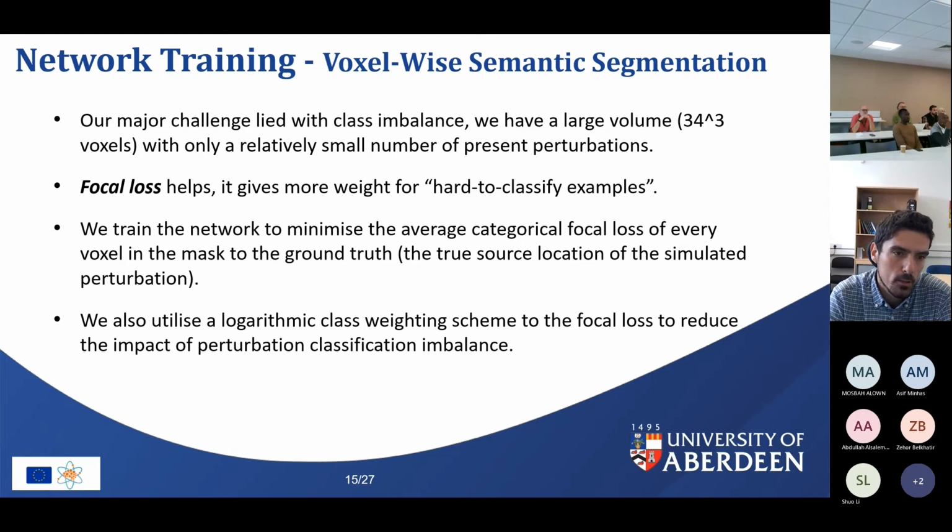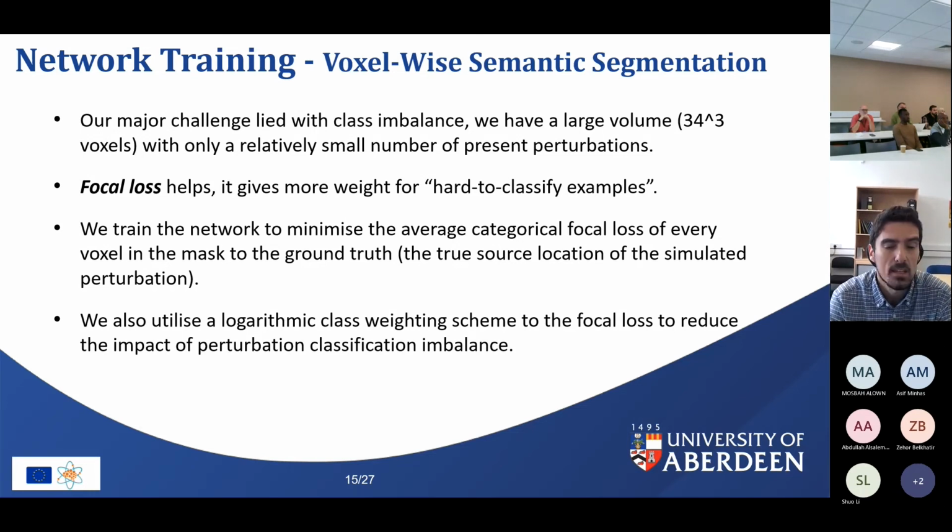A way that we try to mitigate that is that we use focal loss, which is part of the loss function of the model, so that we can focus more on the harder examples that we want to classify.